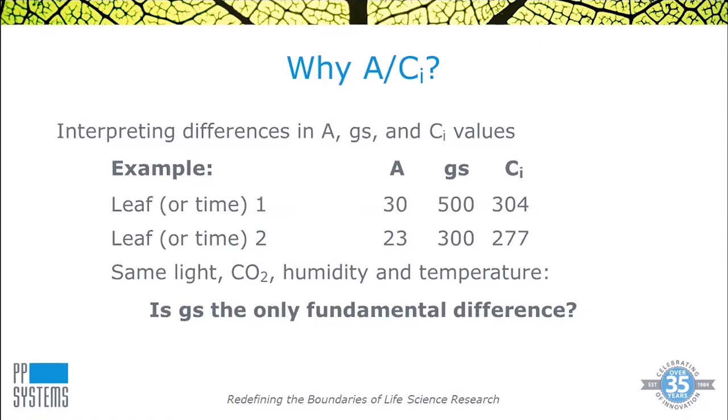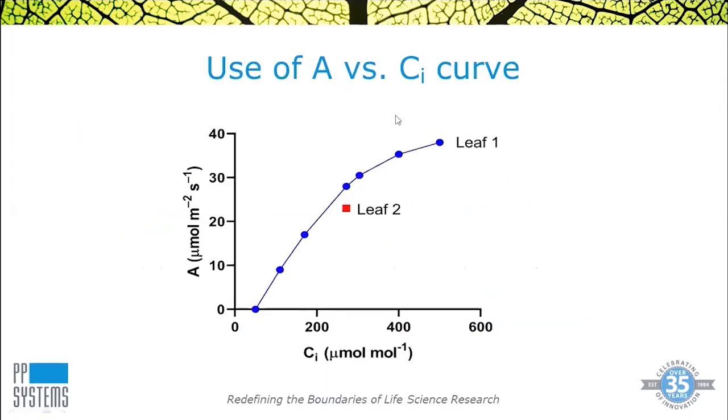From the data, just simple A, gs, and Ci values, there's no way of knowing whether there's any difference other than just in stomatal conductance that's causing the differences in assimilation rate and Ci. So the way to answer that is to do an ACi curve. For leaf number 1, we have these blue dots.